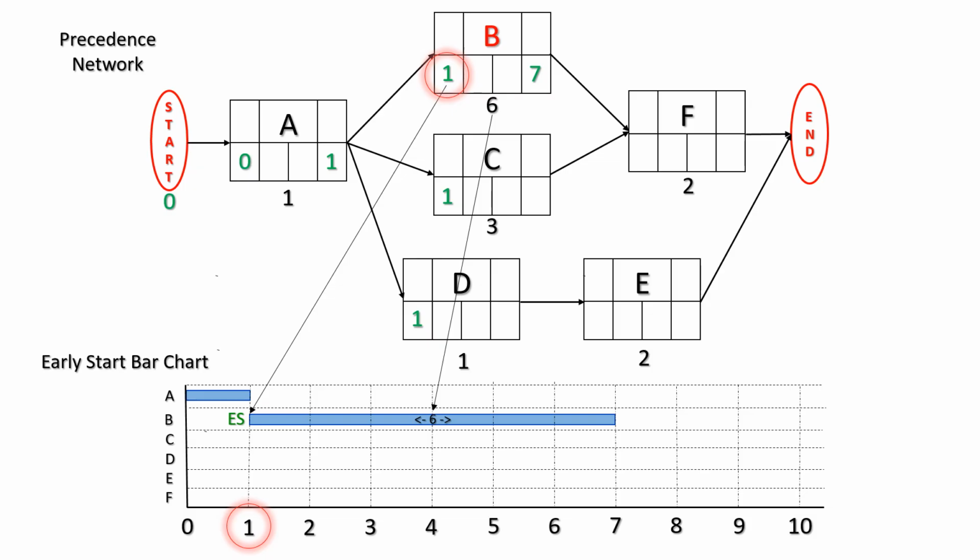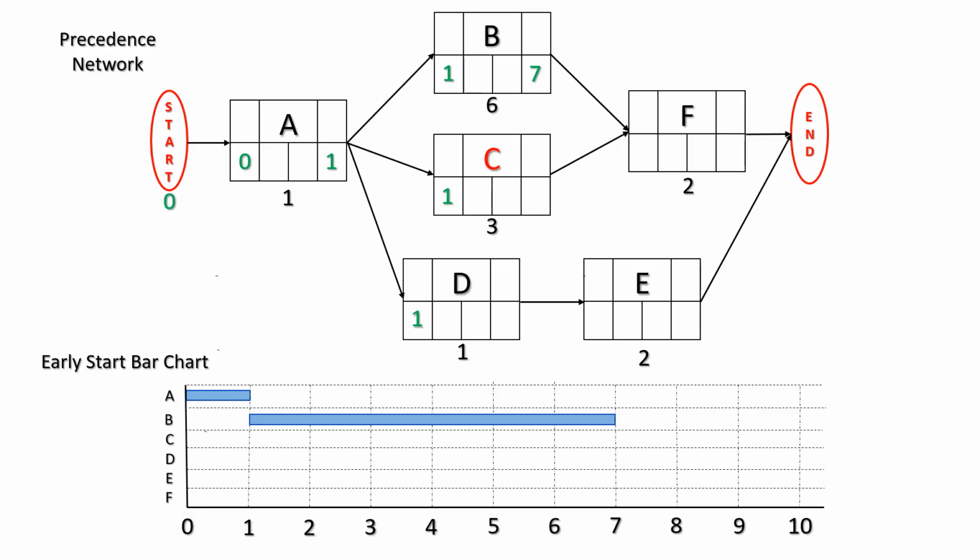As a result of that, we end up at the earliest finish. And we can check that we're correct because the earliest finish will be 7. And there we have the early performance of activity B on the early start bar chart.